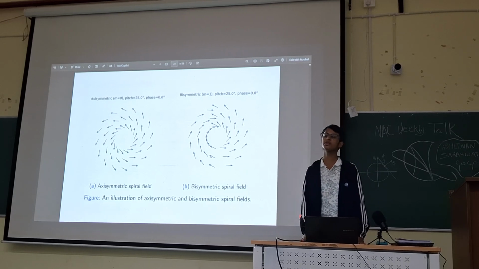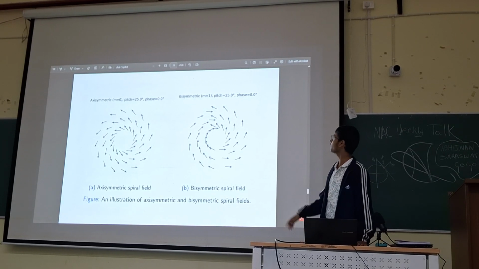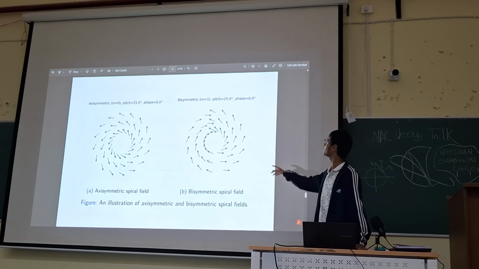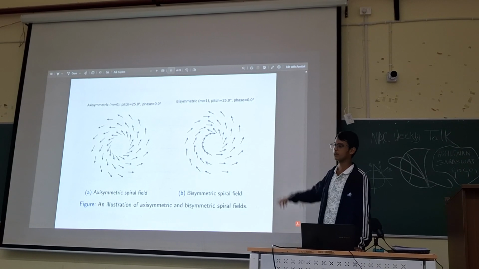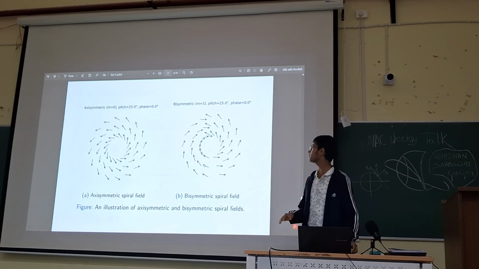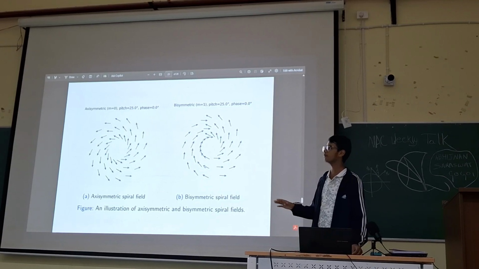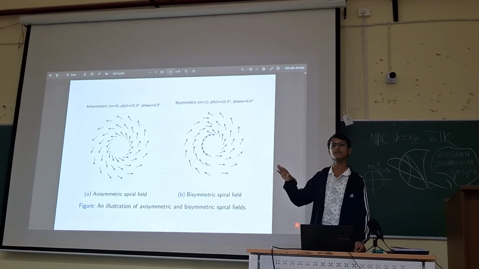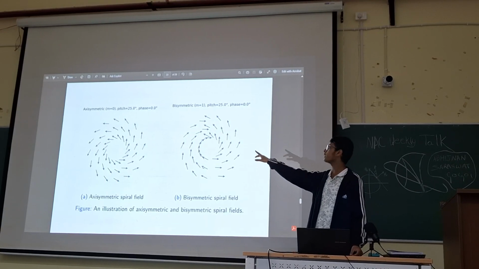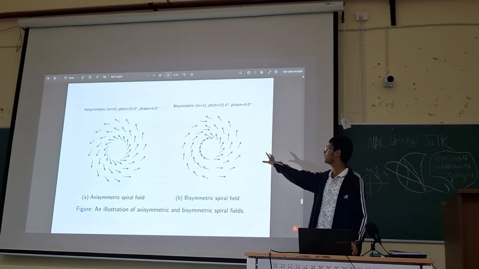Similarly, we can also have higher modes. So n equal to 2 also we can have, and others. So basically, the magnetic field in these galaxies is a composition of these various magnetic modes. So you have the axisymmetric mode and the bisymmetric mode. So let's say there is a galaxy.